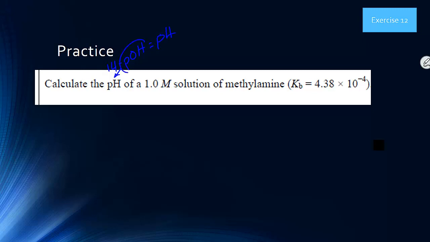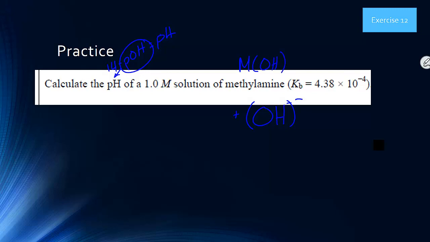So I'm going to determine my pOH, meaning I need to figure out how much hydroxide this substance makes when it sets up its equilibrium. Now, if you don't know the formula for methylamine, don't panic. Just assign it a formula. You know that it's a base, so just say it's a base.